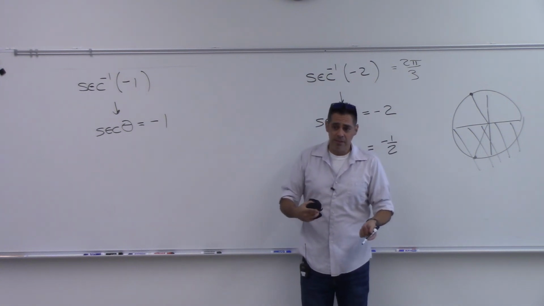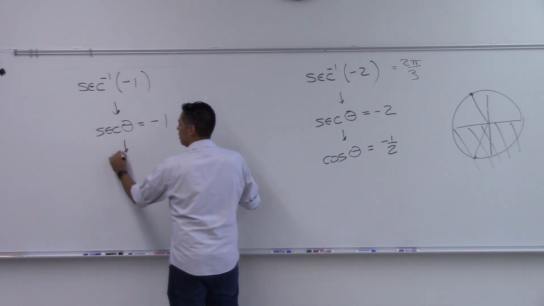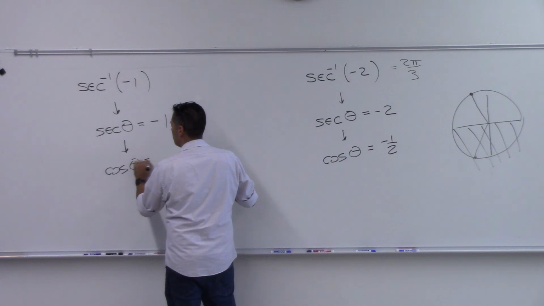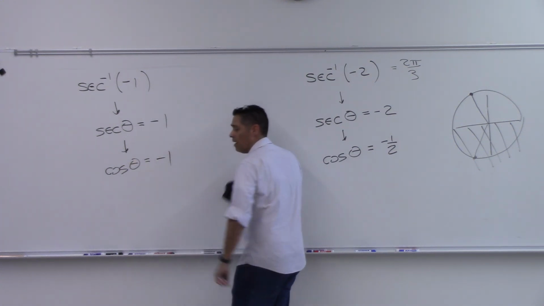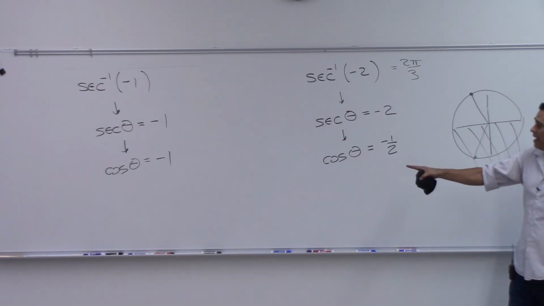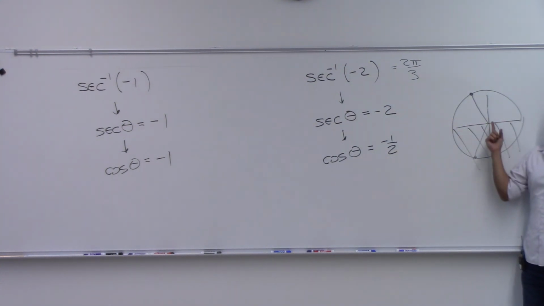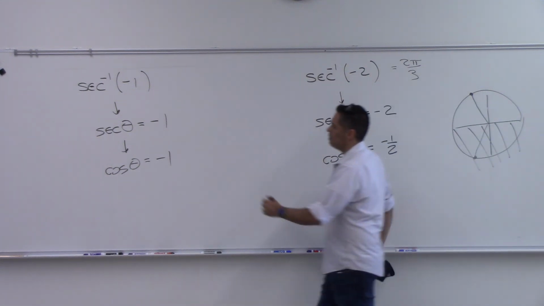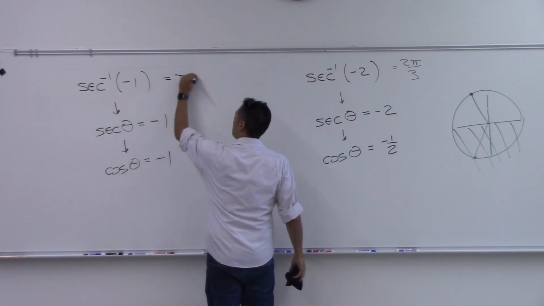But that really means, where is cosine of some angle equal to the reciprocal of that, which is still -1? And then that's saying, where on the unit circle is your x coordinate -1? And you can only look between here and there, skipping over the pi over 2. So where is it? Pi. So the answer is pi.